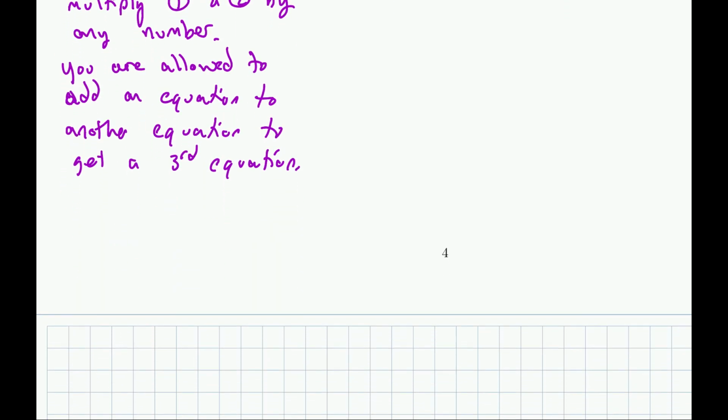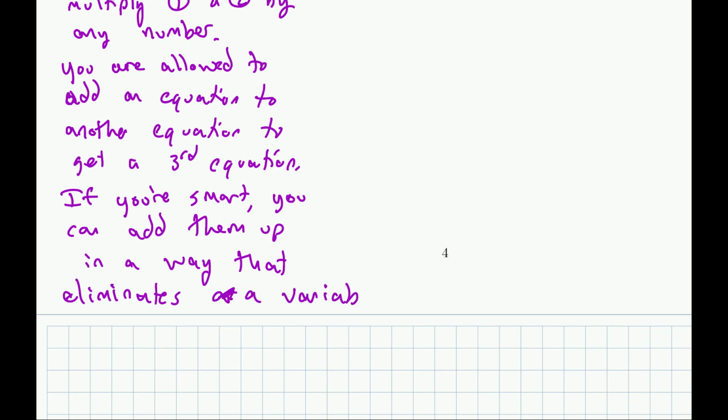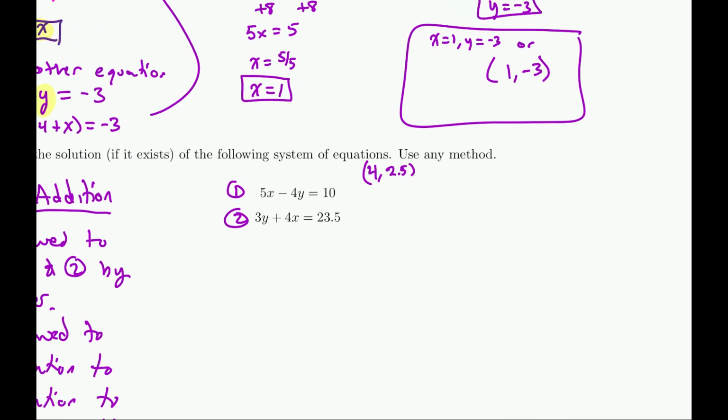And if you're smart, which you are, right? If you are smart, you can add them up in a way that cancels out a variable. And eliminating a variable will let you solve for the remaining variable.